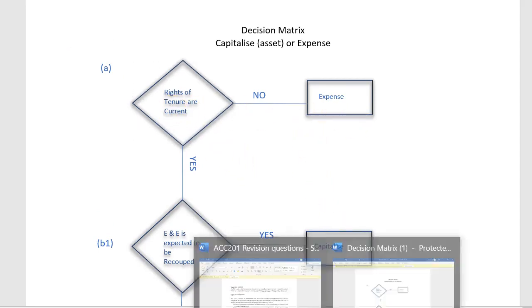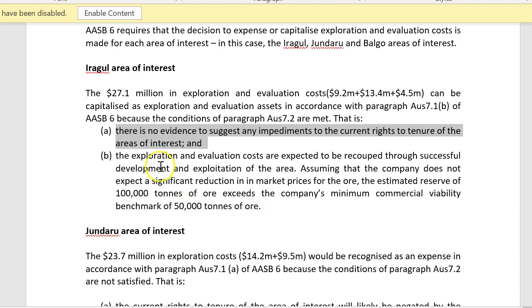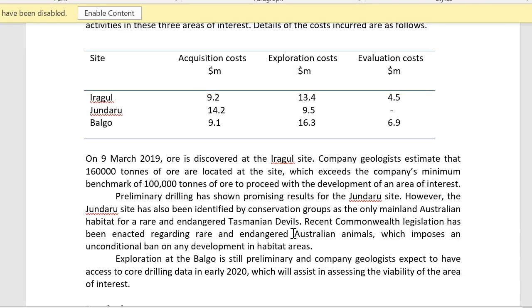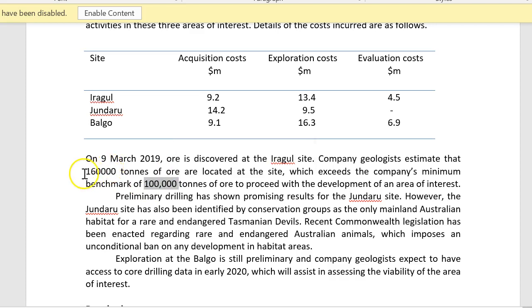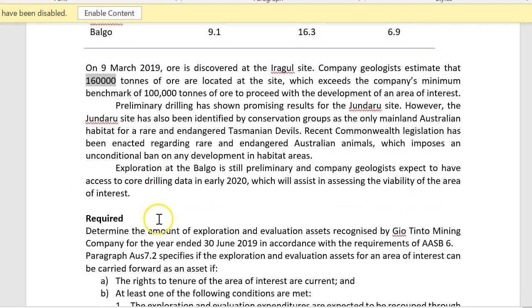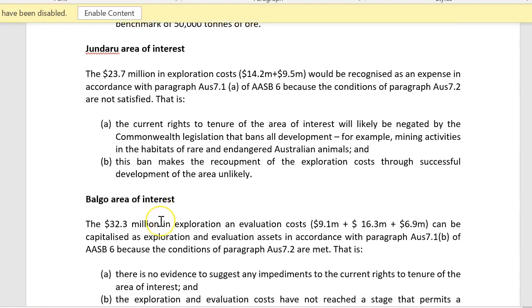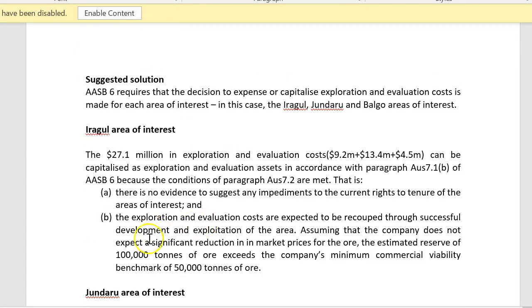Number 2, whether they can recoup their cost. How many tons of iron ore must they have in order to recoup their cost? Only 100,000 tons. Based on the estimations, this mine has 160,000 tons, which means they can easily recoup their E&E cost.